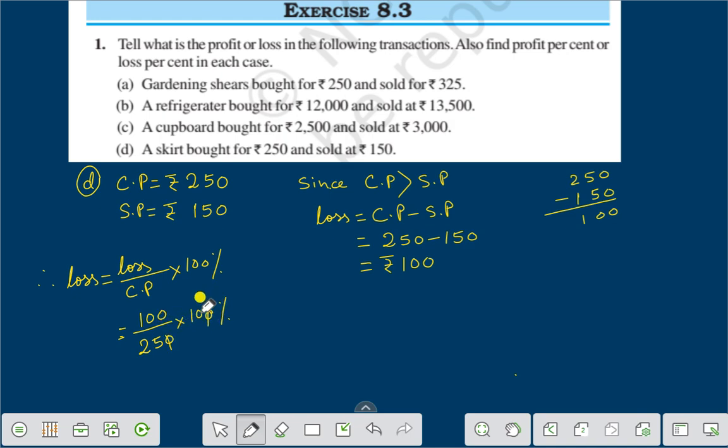Now this 0 will cut, right? Now 5 2 is 10 and 5 5 is 25. That is 5, 5 2 is 10. 20 into 2, that is 40%. Therefore, loss is equal to 40%.